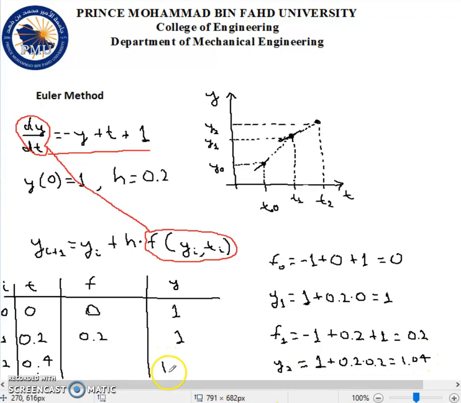So we write here 1.04. So this is the Euler method, and we can continue as many times as we need to.